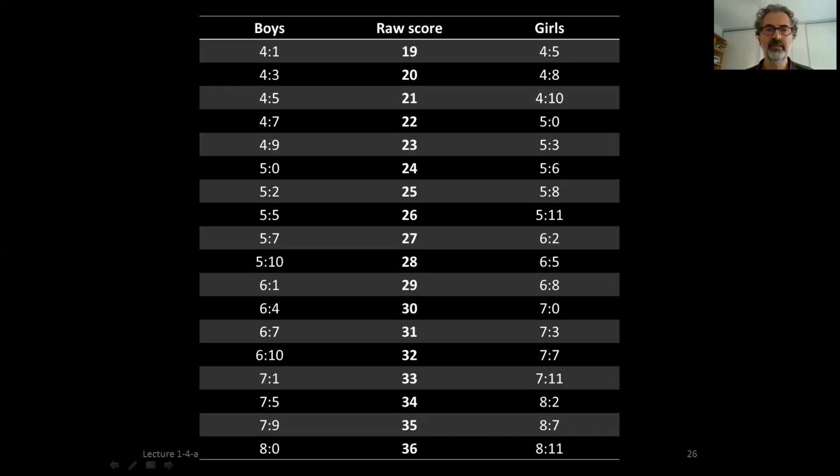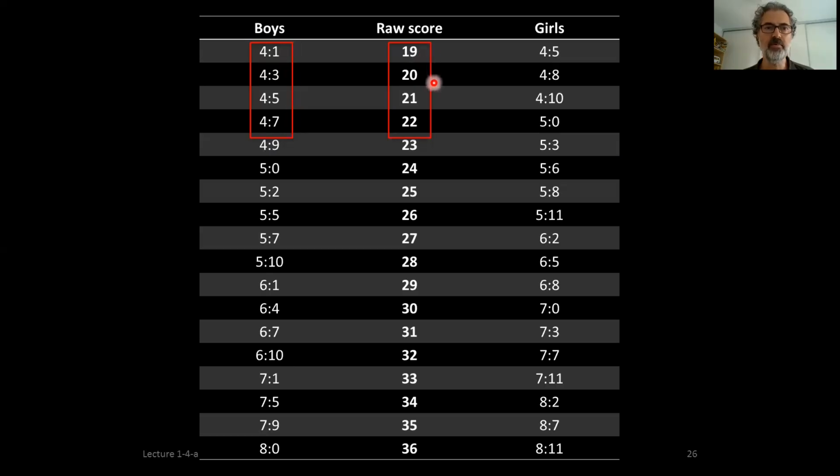One problem is that differences in raw scores change very differently with age at different points in the range. For example, here, a 3-point difference from 19 to 22 correct responses is seen as average scores for boys between 4 years 1 month and 4 years 7 months.